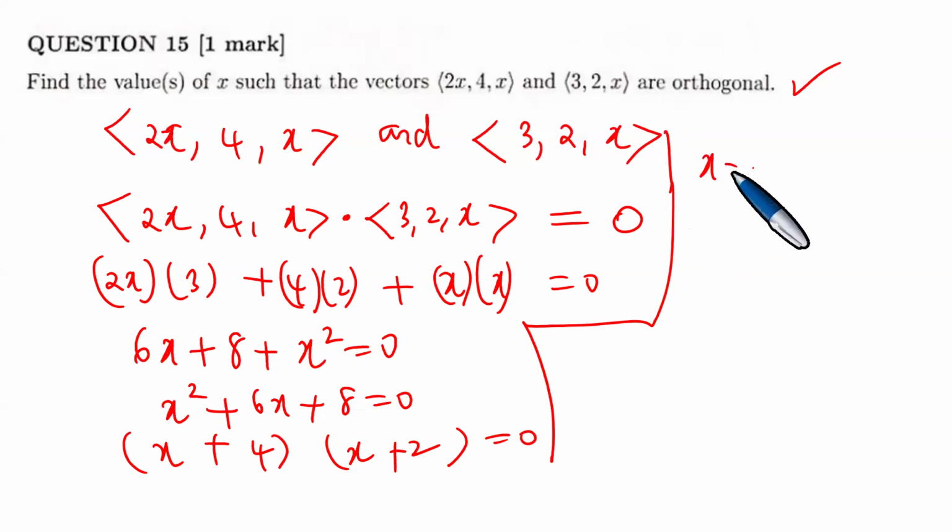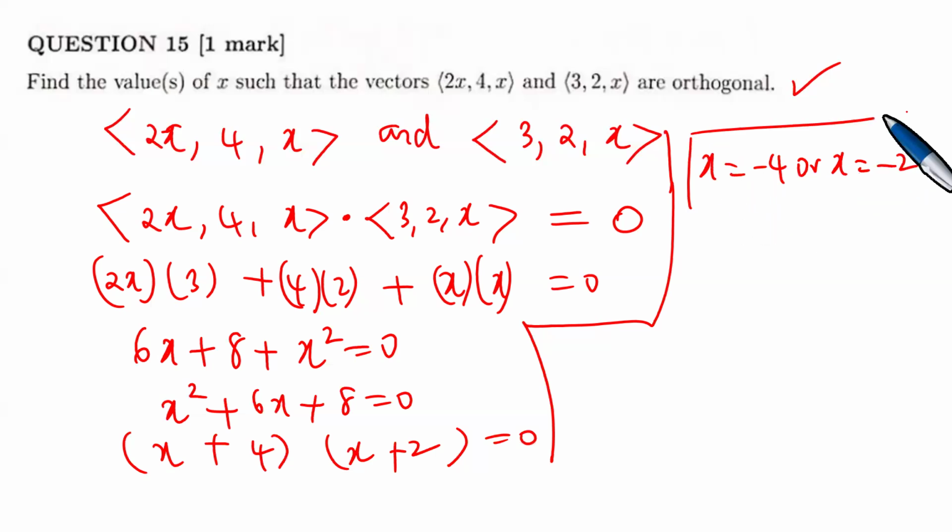So that we have x equals minus 4 or x equals minus 2. And therefore, this becomes the answer.